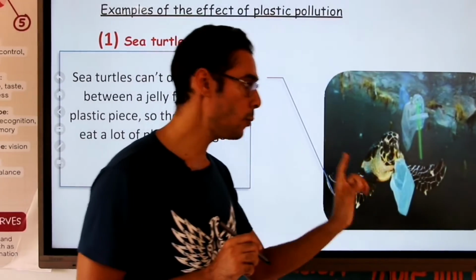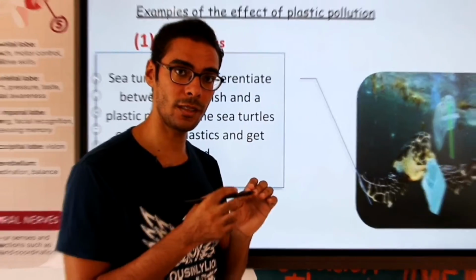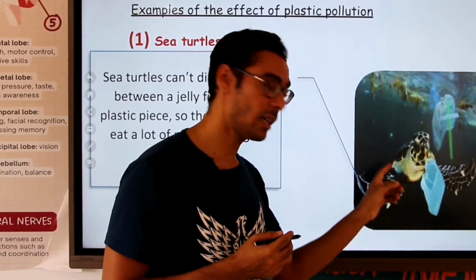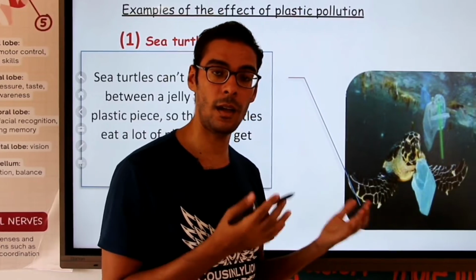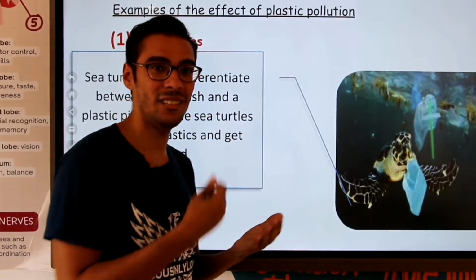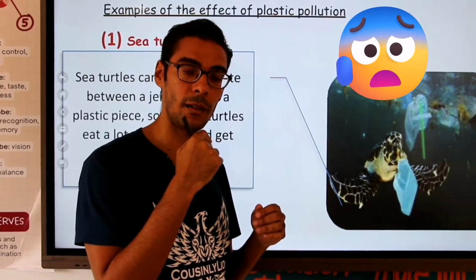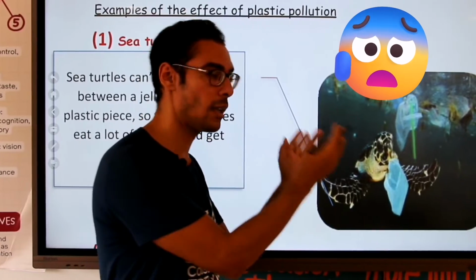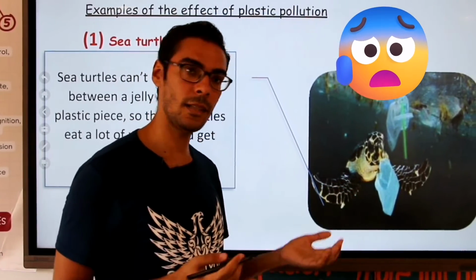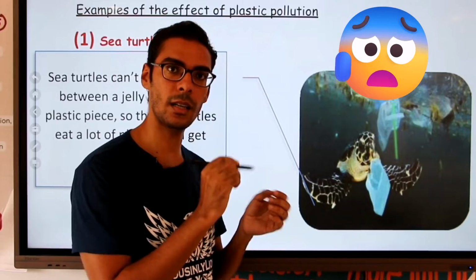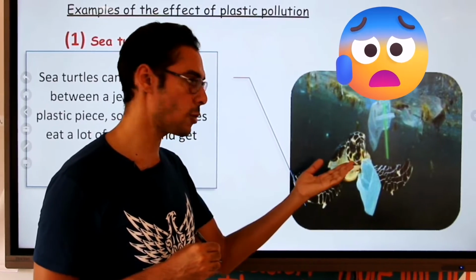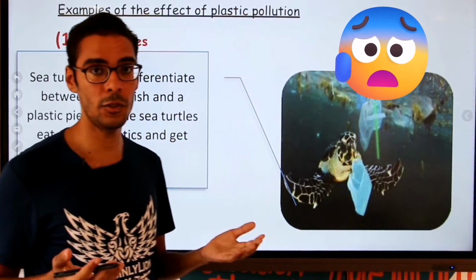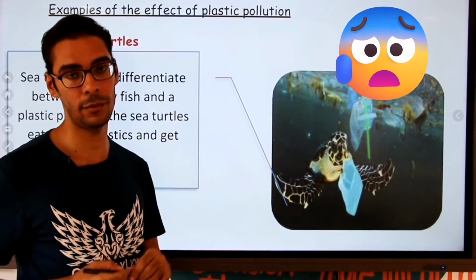Or if they eat these plastic products, the plastic gets stuck inside the digestive system of the sea turtles. They cannot digest the plastic inside their mouth, inside their esophagus, inside the digestive system. So the plastic pieces that they eat get stuck inside the digestive system, not just in the mouth, so they cannot digest it, and it's really harmful and painful for them.